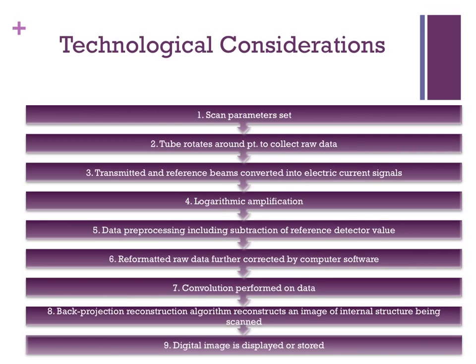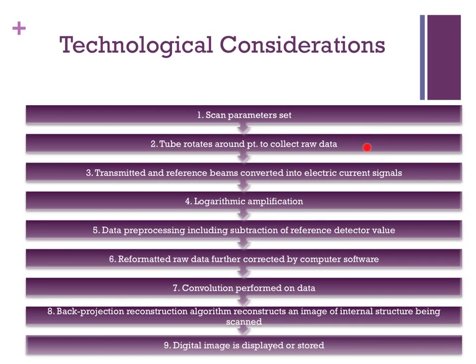The subsystems are shown in figure 3.21 of your textbook, and the data flow of a CT scanner includes the X-ray tube, power supply, the cooling system, the collimators, the detectors, and much more. I'll just take you through this flow chart right now. The scan parameters are first set, and then the tube rotates around the patient to collect the raw data.